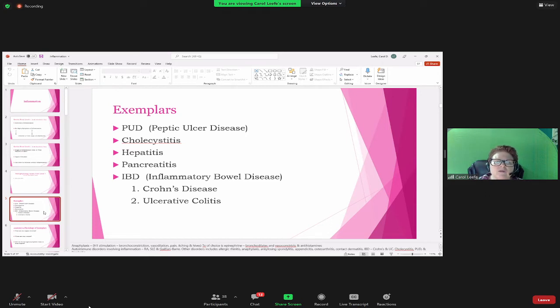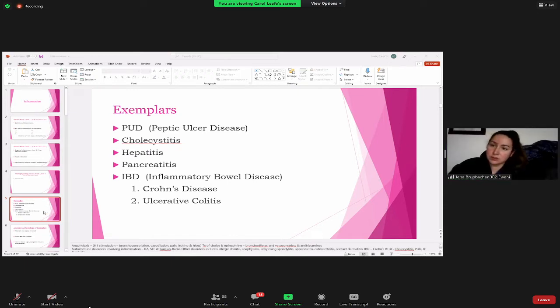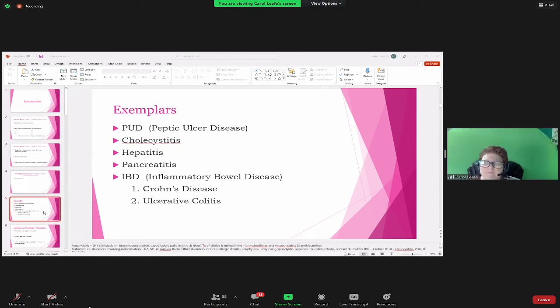If there's an impairment of function there, what are those patients prone to? Bleeding. Absolutely.